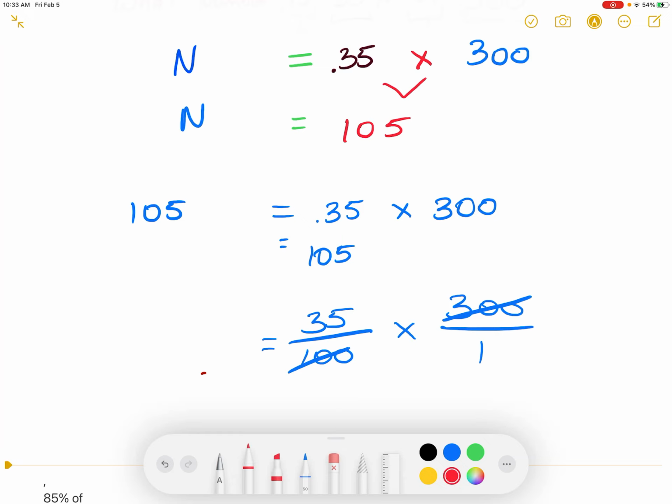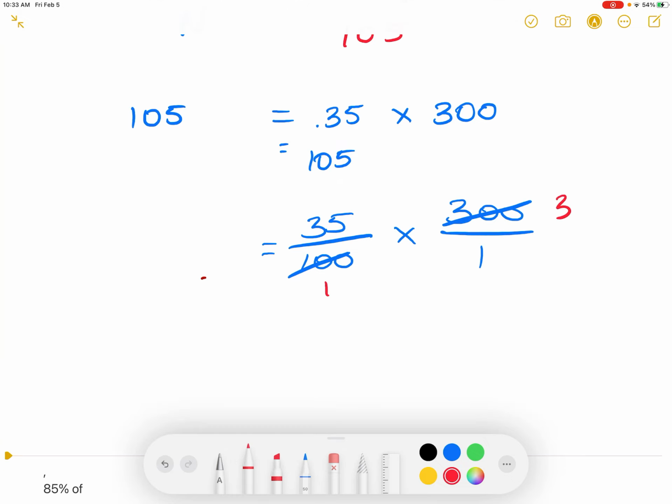What does that equal? I could divide by 100 by cross multiplying. 100 divided by 100 is 1. 300 divided by 100 is 3, right? 35 times 3. Let's see what that equals. Because it's really 35 over 1 times 3 over 1.